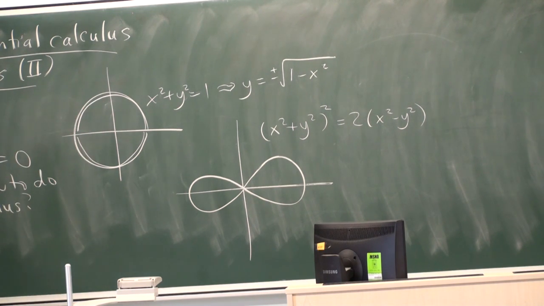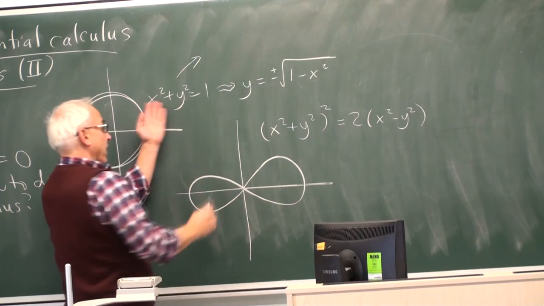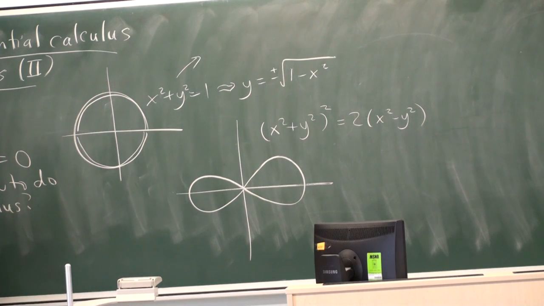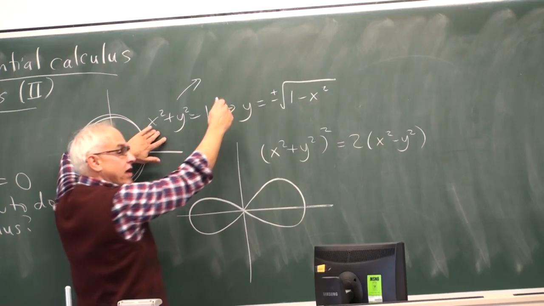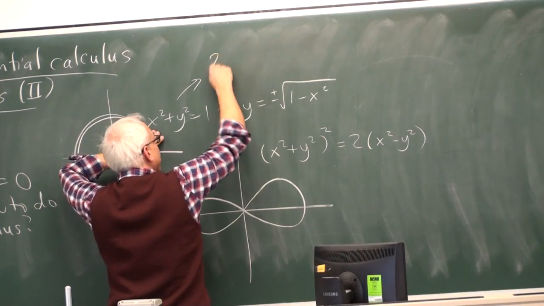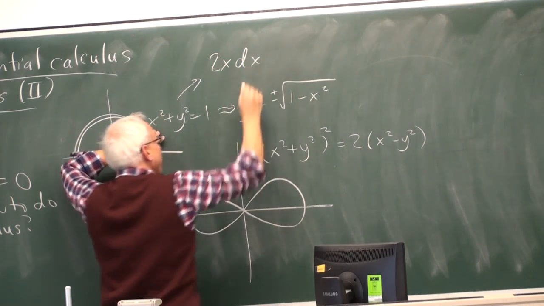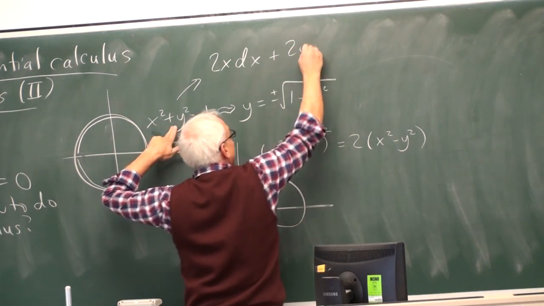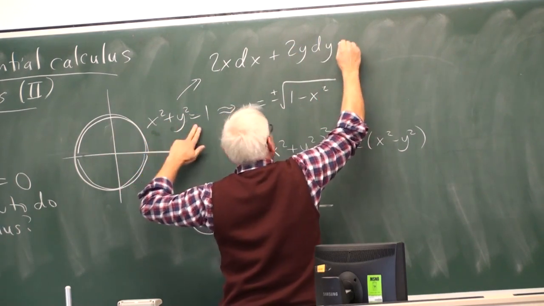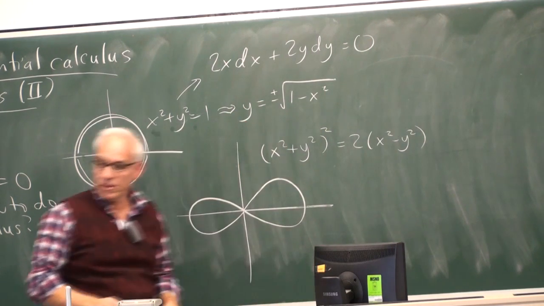And then usually the approach is, well, we're going to do implicit differentiation. So another route is to take a curve like this and to implicitly differentiate it. So Newton or Euler would have said, well, we're just taking the differentials. So in ancient times, in the 17th and 18th century, people would have said, okay, we're going to take the differential of this. So take the differential 2x dx is the differential of that. The differential of this is 2y dy. And then the differential of this is 0.